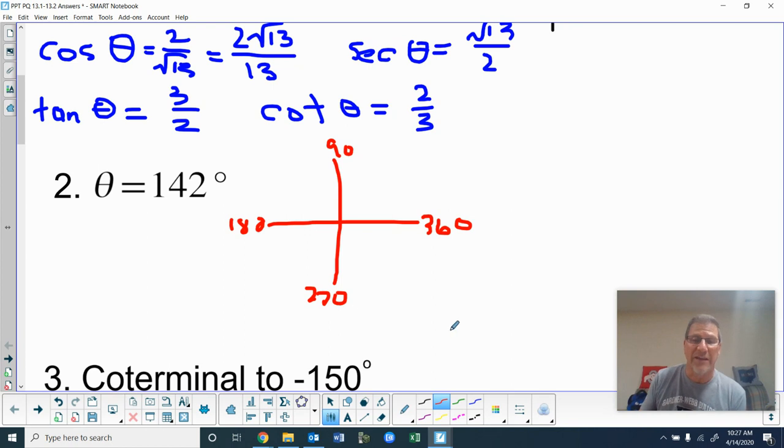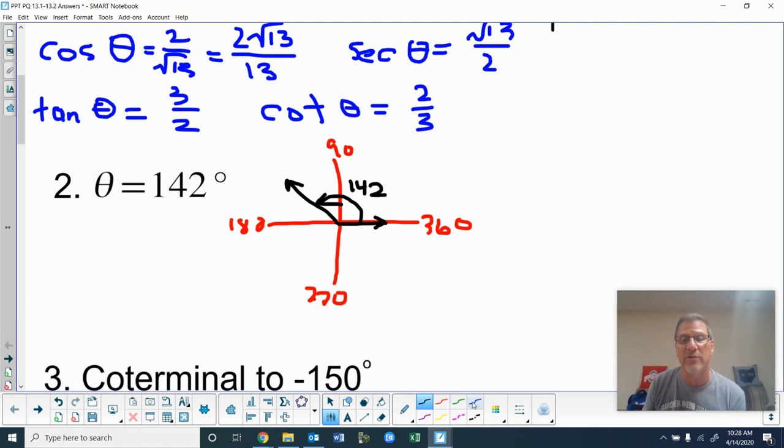So if we're drawing this angle in standard position, we start here on our initial side, and then we go over, and then we rotate around to the terminal side. So that's 142 degrees there. That's what it looks like. Now, we're looking for the reference angle.